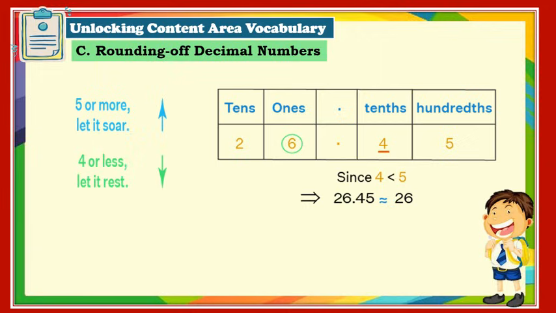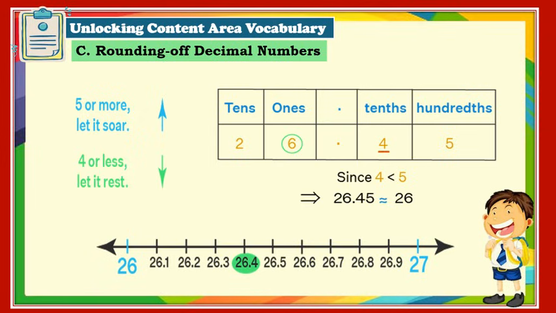The number to its right is 4, so we round down. That becomes 26. We can also use a number line to look for the rounding digit.